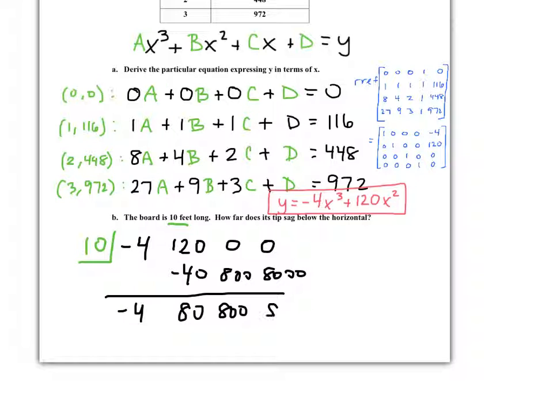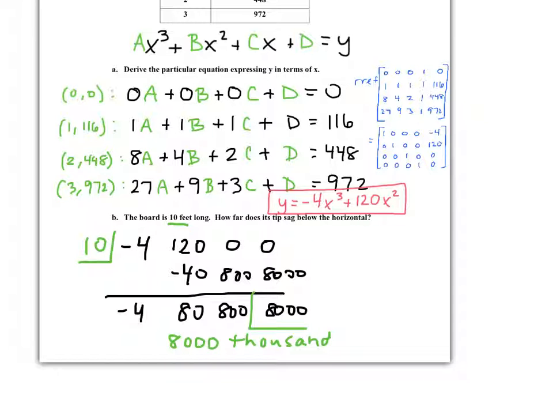Plus 0 is still 8,000. Boxing that last value, our answer is this remainder: 8,000 thousandths of an inch.